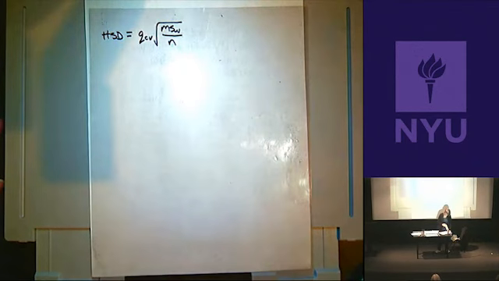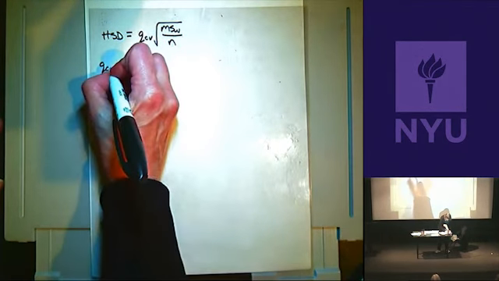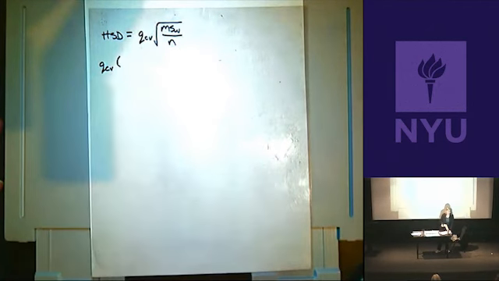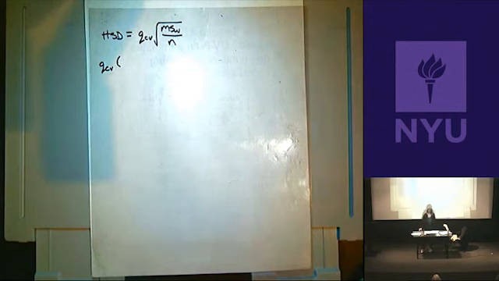The only thing we don't know is the Q critical value. How do I get a Q critical value? A table. What do I need, though?